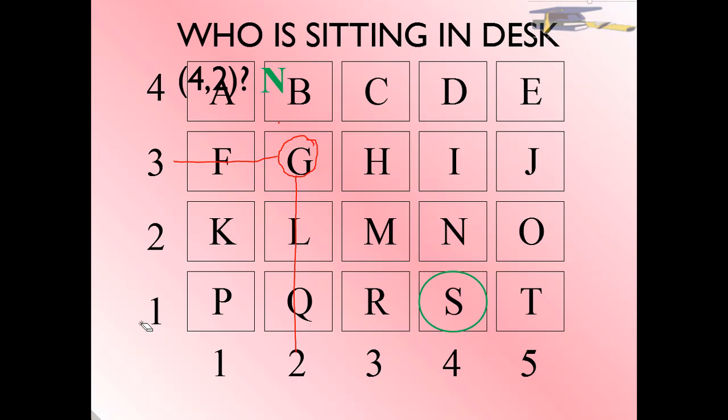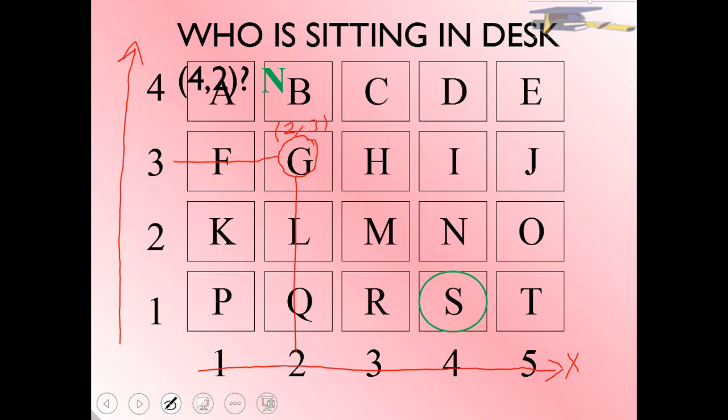So G would be 2 and 3. Why? Because on the x-axis, this is the x-axis. Here, on this side, it's x. And this side would be y.